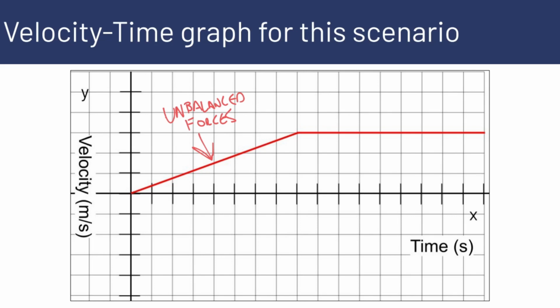So that's when we have a positive slope on our velocity time graph. And then here is where we have balanced forces. So we have a constant velocity. Balanced forces means we have a constant velocity or the object is at rest. Since the object was already in motion, once we apply balanced forces, we end up with an object moving at a constant speed.